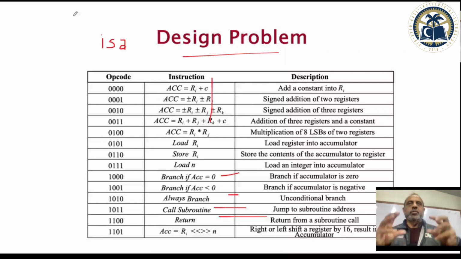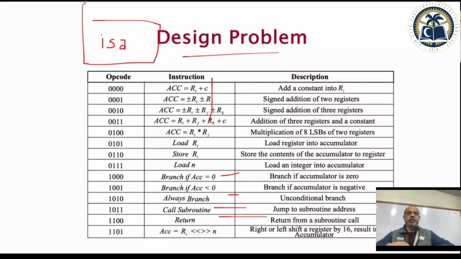It's not just a hard-coded state machine based design where I'm sharing some of the hardware so that it becomes effective. You say, I have an instruction set architecture, and this is my instruction set. Using this instruction set, anybody can write any program which is within the capability of the instruction set.